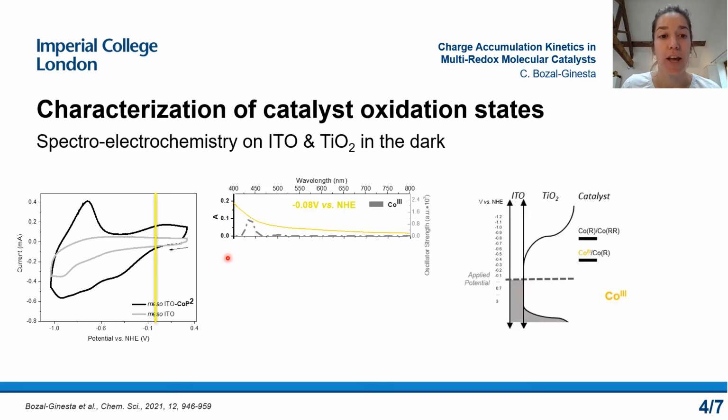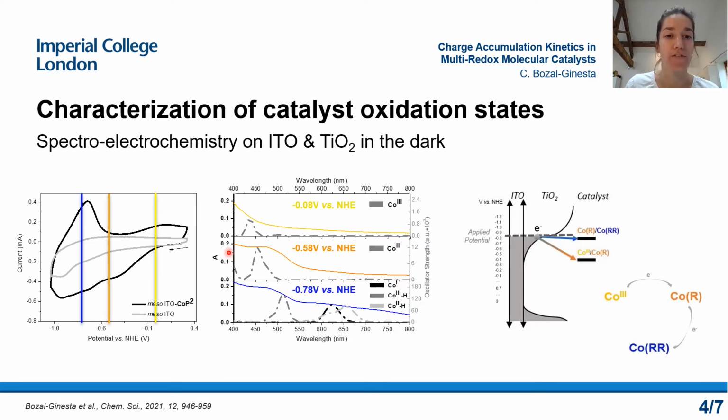Then we applied a constant potential before and after the 2 redox waves, and we measured the absorption, which we assigned to cobalt-3 below 400 nanometers, cobalt-2 at 460, and to cobalt-1 and multi-reduced species, which have a characteristic absorption between 600 nanometers and 700 nanometers. So these absorptions correspond very nicely to the predictions from the DFT calculations, which are shown here in gray. From now on, I will call, for simplicity, cobalt-2 cobalt-R, and cobalt-1 and other multi-reduced species cobalt-RR.